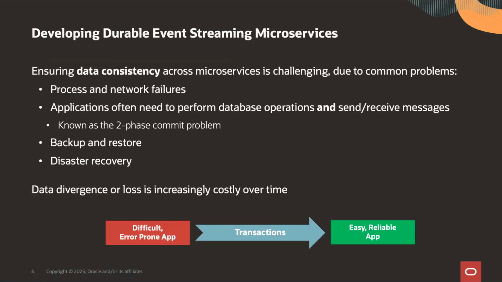When developing durable event streaming microservices, it can be challenging to ensure data consistency across multiple services due to several common problems. In the event of a process or network failure, data may be lost, corrupted, or saved incorrectly. Additionally, features like backup, restore, and disaster recovery can further complicate data consistency.